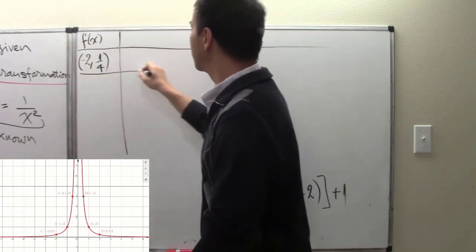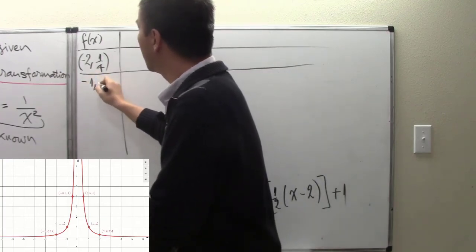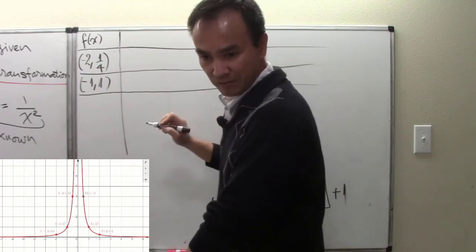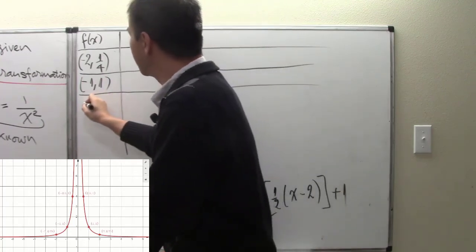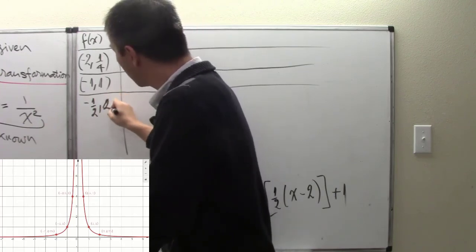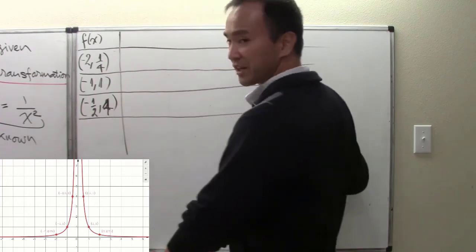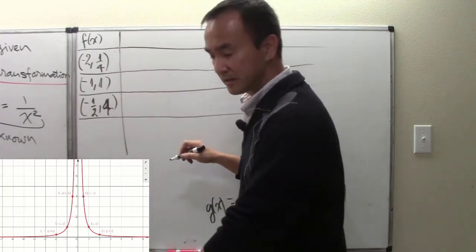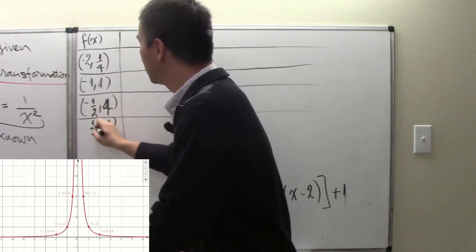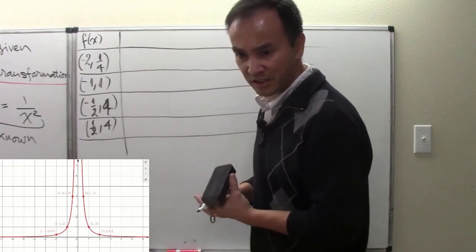Get comfortable with fractions. And then we're looking at -1, 1. That's another guiding point that defines the shape. And then I'm looking at -1/2, 4. Okay, and then I have another point at +1/2, 4.